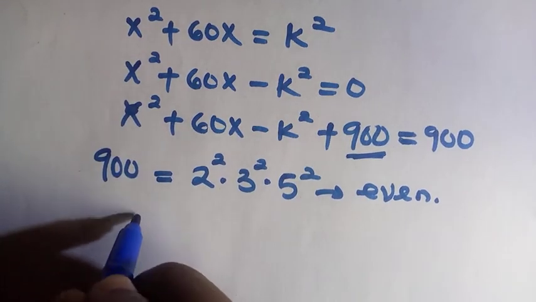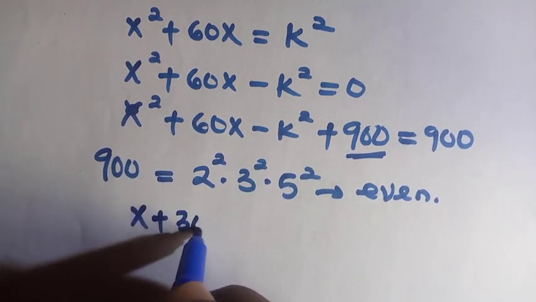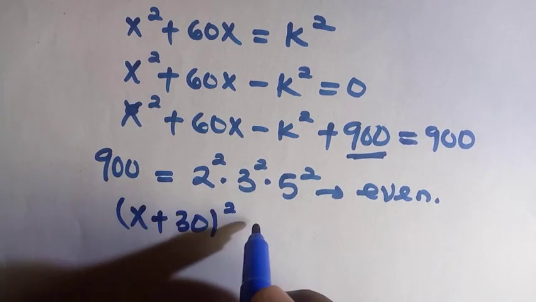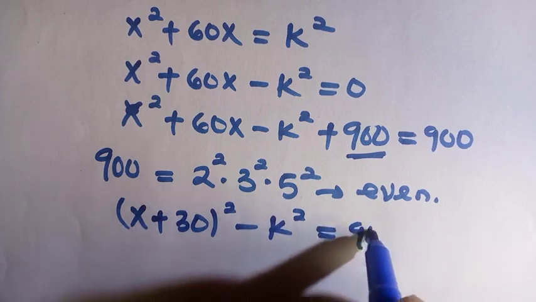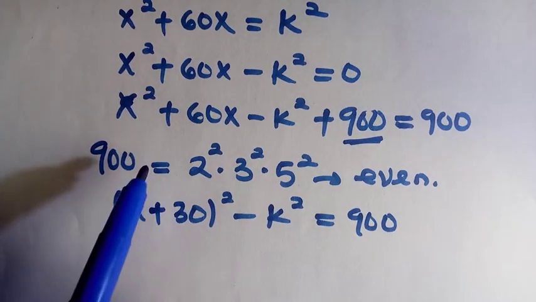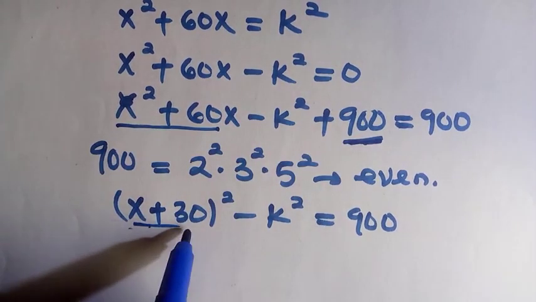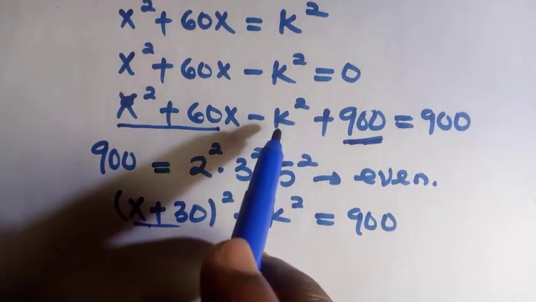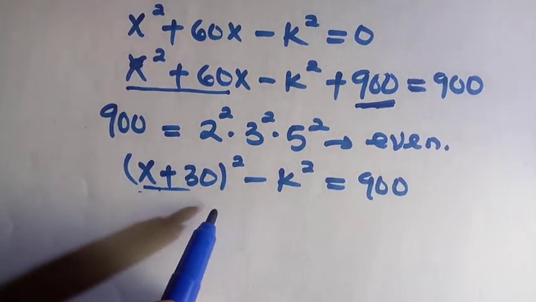So if I combine x squared plus 60x and plus 900 together, everything becomes x plus 30 squared, then minus k squared equals 900. You can pause this and expand it, and you get what you have above. Those that are underlined, you get when you expand this. And here is the difference of two squares, and this equals 900.